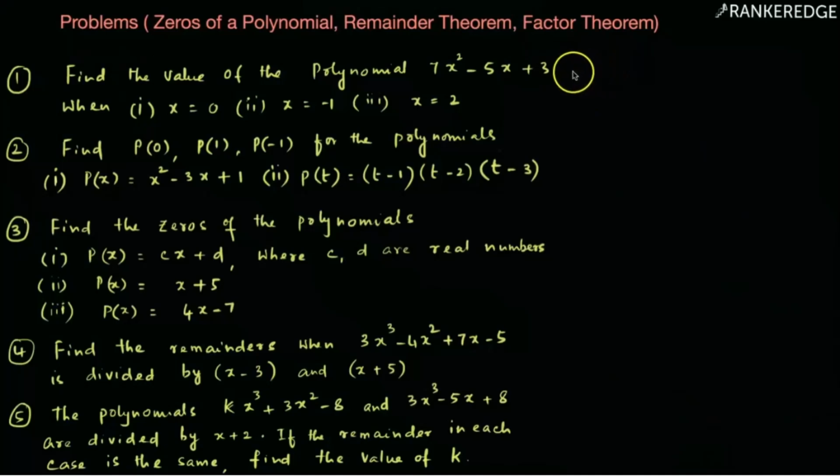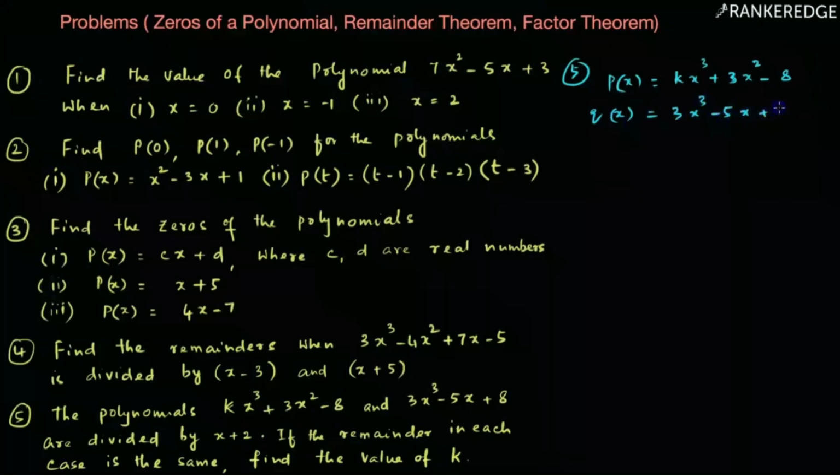Next one is the fifth one. The polynomials kx cube plus 3x square minus 8 and 3x cube minus 5x plus 8 are divided by x plus 2. If the remainder in each case is the same, find the value of k. So let's denote these polynomials by p of x is equal to kx cube plus 3x square minus 8, and the second polynomial by q of x, which is 3x cube minus 5x plus 8.